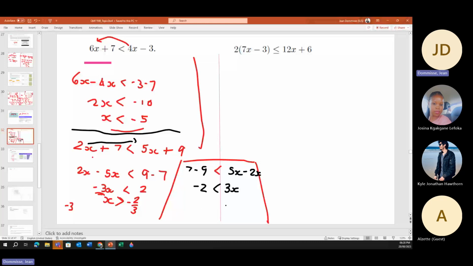Now we're going to divide by 3, so it stays positive and the sign stays the same. So then I don't need to change the sign, and we read that x is bigger than minus 2 over 3.